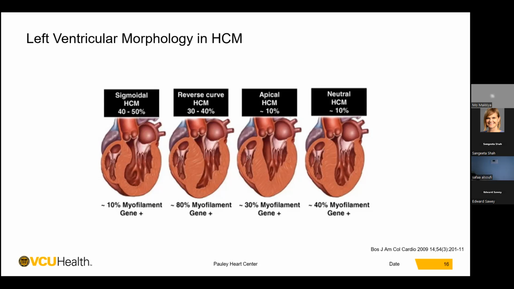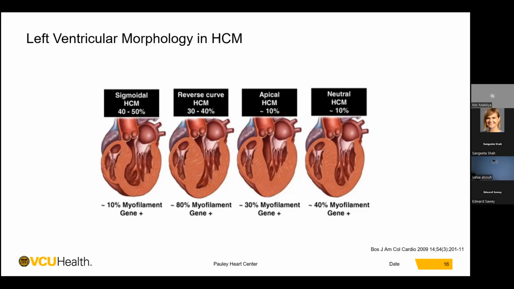You also see in the second picture the reverse curve morphology. That's the one that has the mostly positive gene testing, about 80 to 90%. And then we see the third picture, the apical HCM, which causes about 10% of HCM.